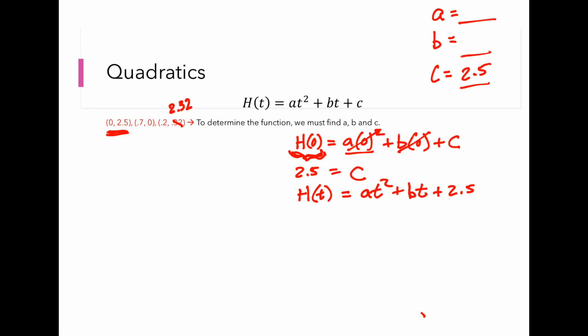And now we use the next point, which is 0.7 and 0, which represents, after 0.7 seconds, the fact that my height was 0. Meaning that this was 0 when t was equal to 0.7. So that's a times 0.7 squared plus b times 0.7 plus 2.5.